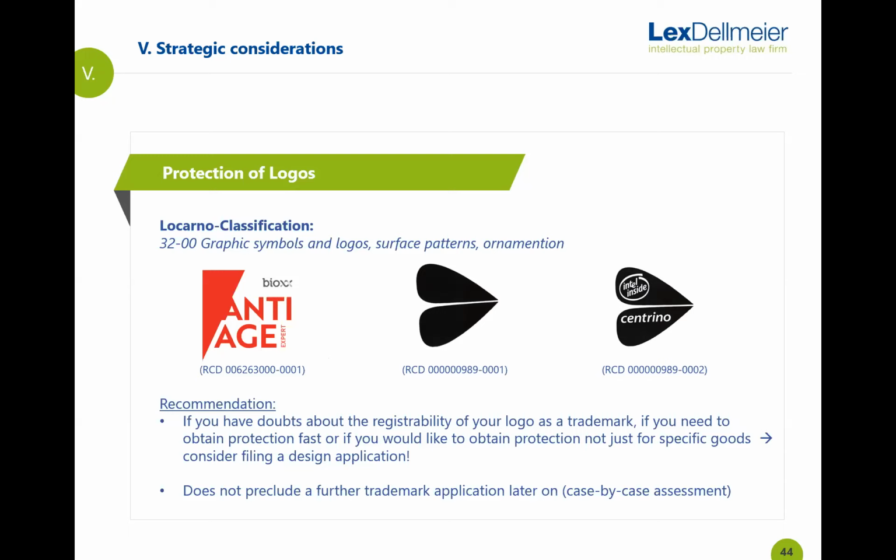As you can see here, anti-age, especially anti-age expert, you will likely not get a trademark for this, because potentially anti-age is something that you cannot monopolize. This may be different because there is a BIOX, there is a name up there. But in general, if you are unsure if you can get trademark protection, maybe it is worth thinking about at least getting some kind of logo or design protection.